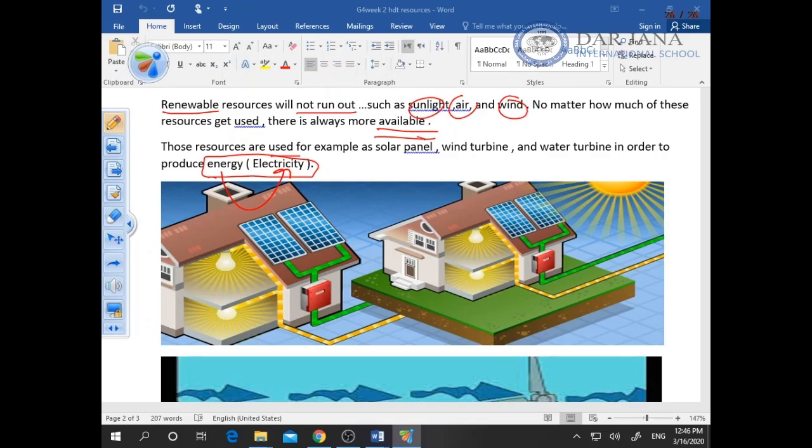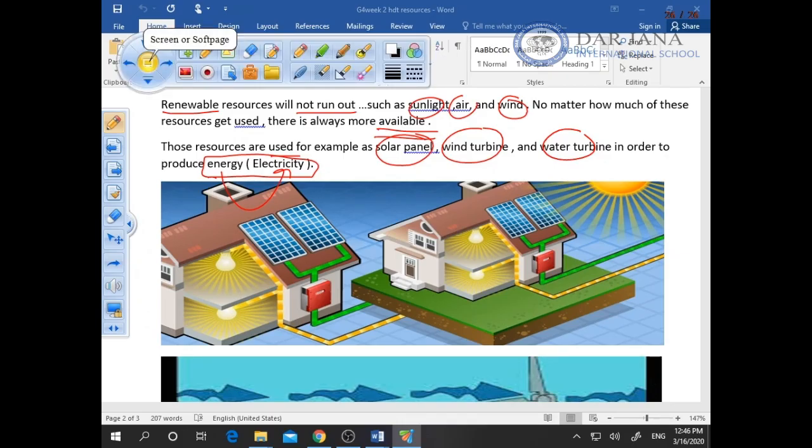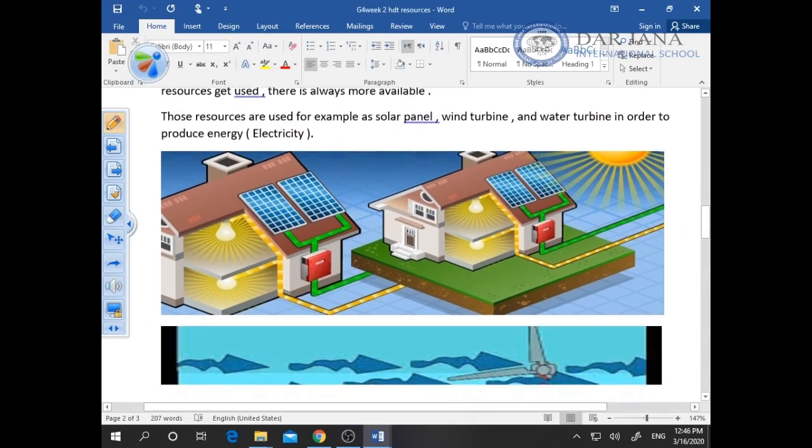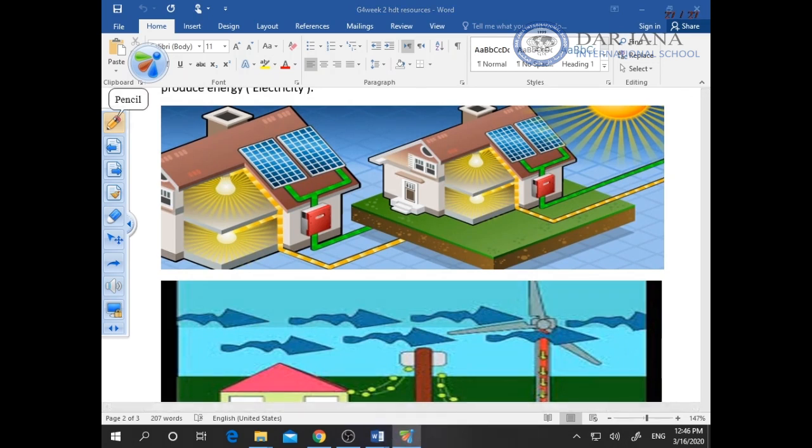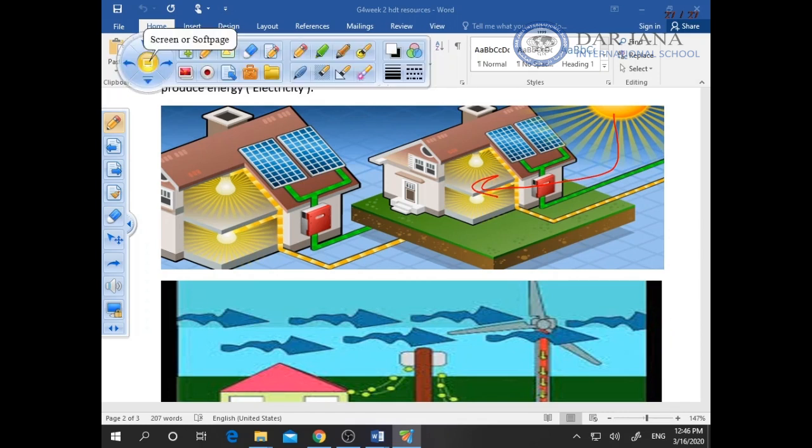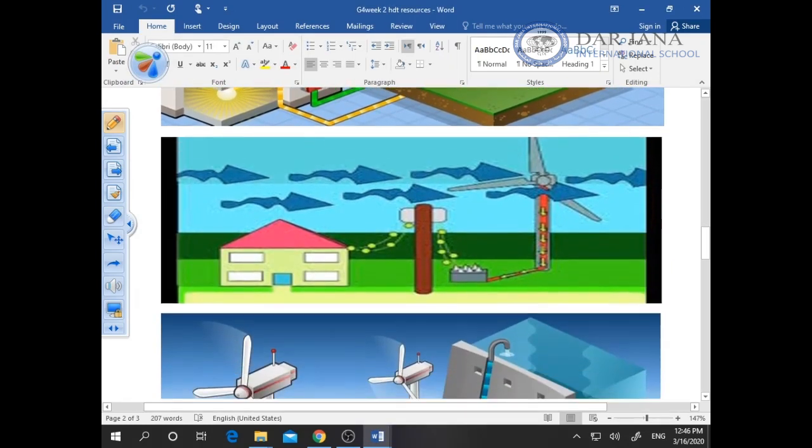We can just apply the solar panel, the wind turbine, and the water turbine, in order to produce this energy. In these slides below, we can find an illustration that can remind us visually how the sun system can give us energy to produce electricity. So this is a simple idea that we can just remember.